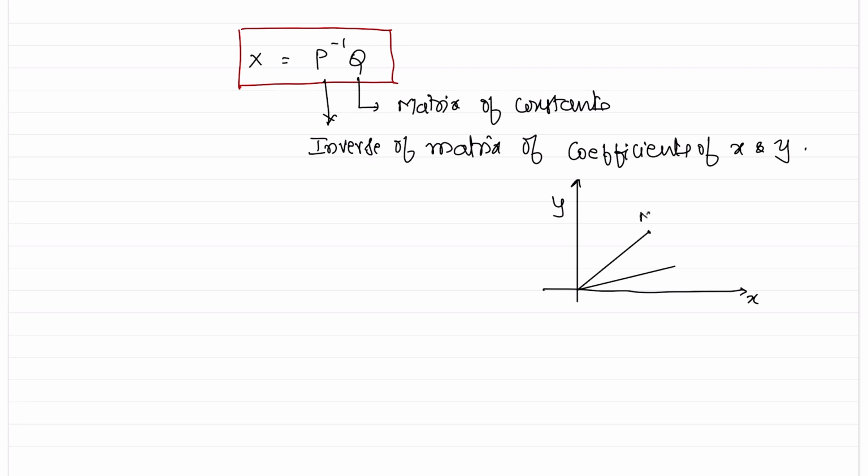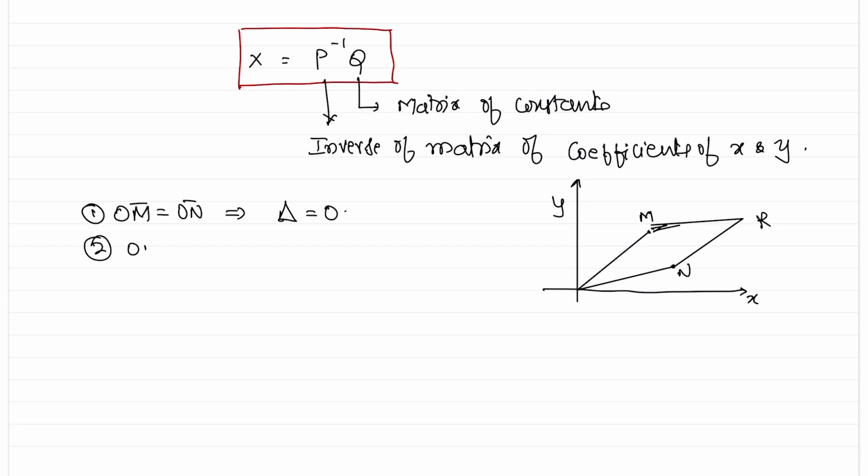This is M, this is N, this is R. If you recollect from my previous lectures, when OM is equal to ON, the area of the parallelogram will be 0, determinant is equal to 0.